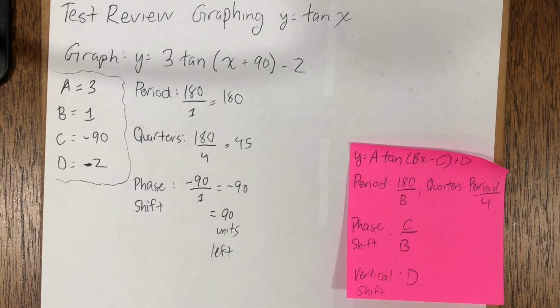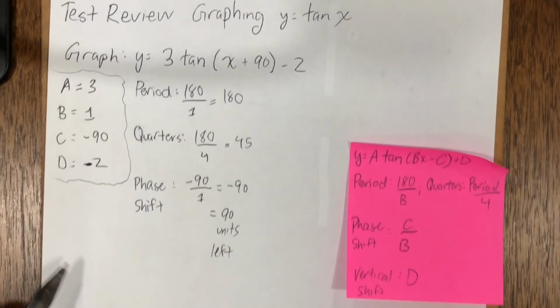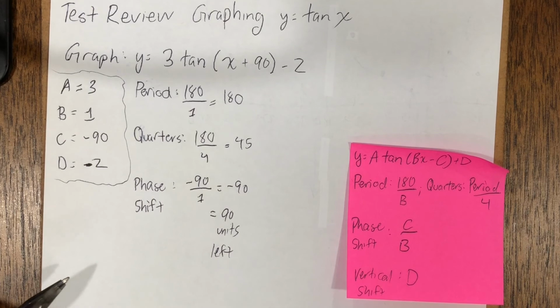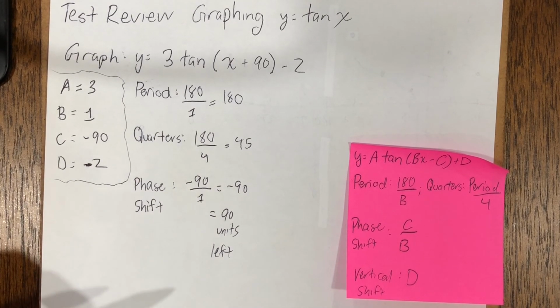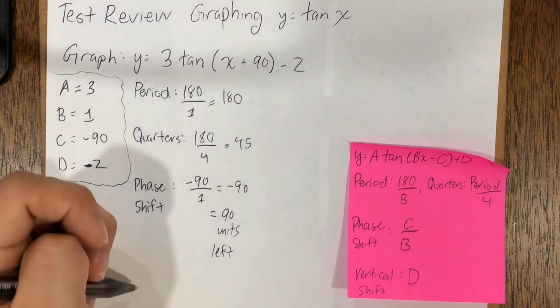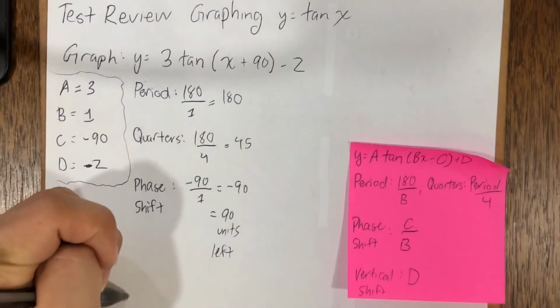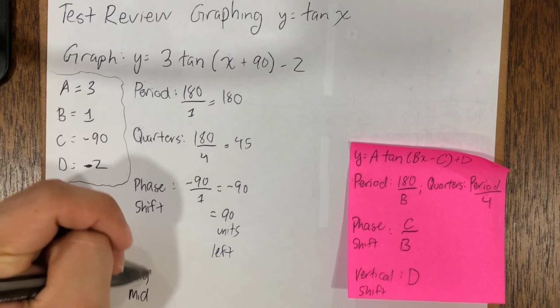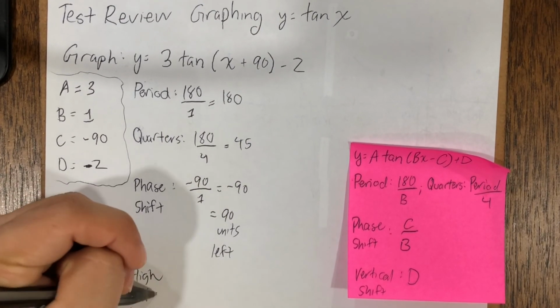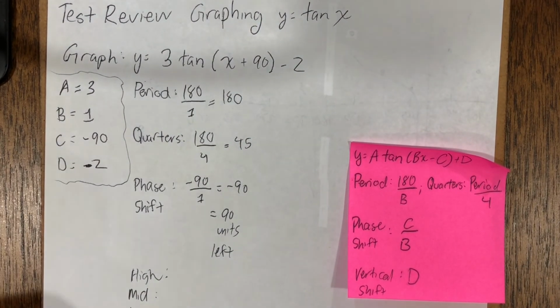So we're going to figure out the important y values. For tangents, we don't have a maximum nor a minimum value because the graph of the tangent keeps going. So instead of calling it max, mid, min, we're going to call it low, mid, high, mid, low.